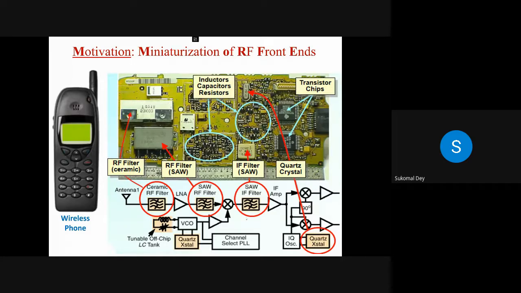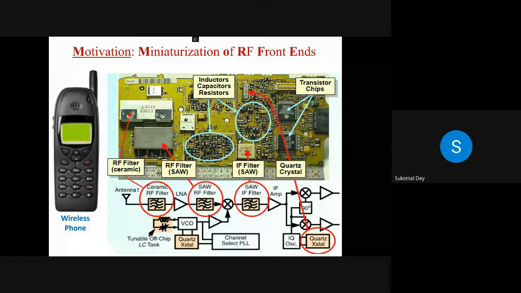If you open the set, you can see there is a printed circuit board inside, and on that board there is a transceiver module where you can find different kinds of passive circuits, along with active circuits.